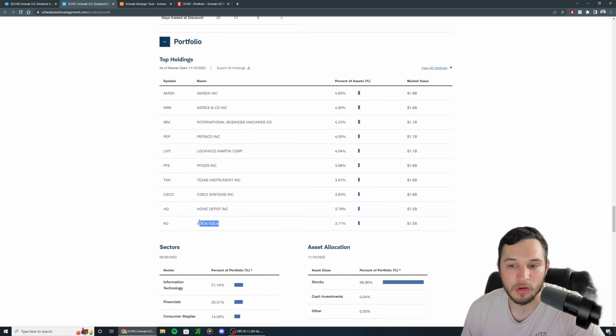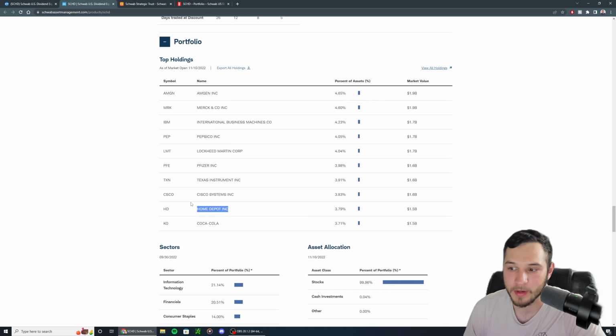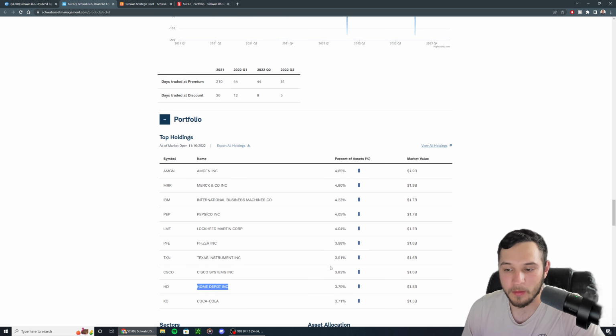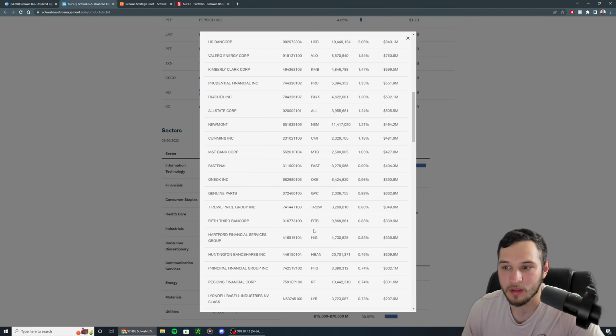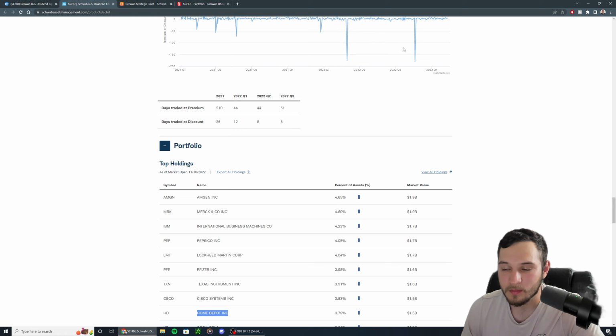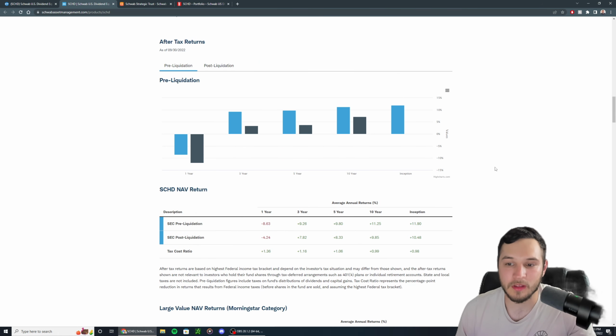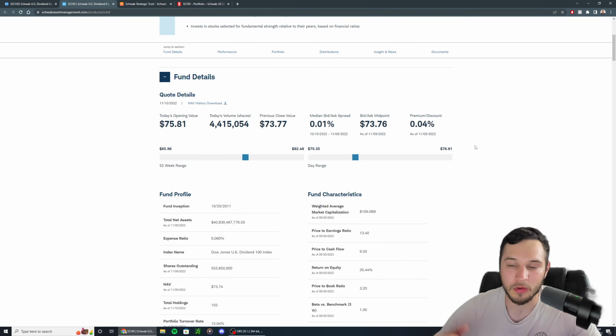So something like Coca-Cola and Pepsi may be in better financial situations. Home Depot is another very strong company financially. So you can go through the list here if you really wanted to go through all of the holdings just to see. But basically, SCHD is going to hold large cap value companies that pay above average dividends with good dividend history.